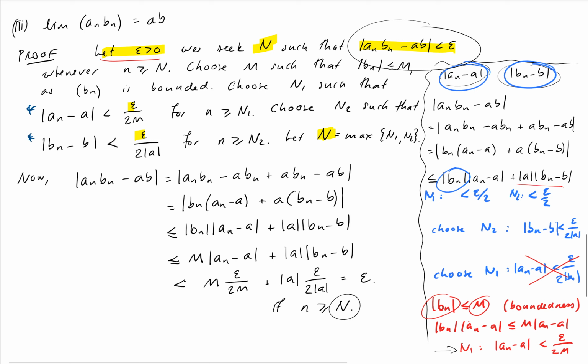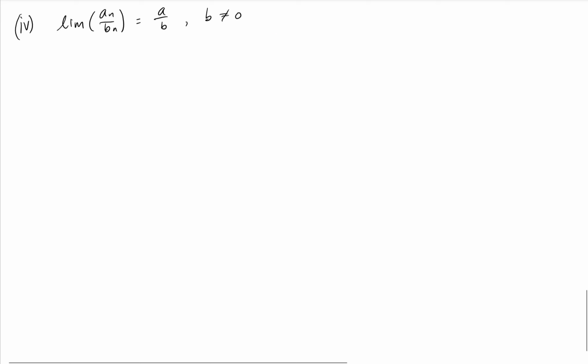Okay, that was fun. One more to do. So for our final example, we're going to do the quotient one, and that is to say that the sequence of a_n over b_n converges to a over b, provided our limit b is not equal to 0. Now we're not going to attack this one directly because it looks quite close to the product one we just did. So we're going to note that a_n over b_n equals a_n times 1 over b_n.